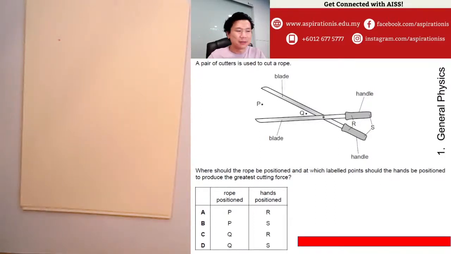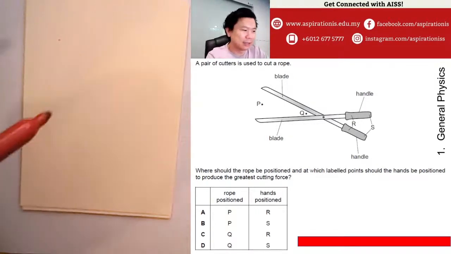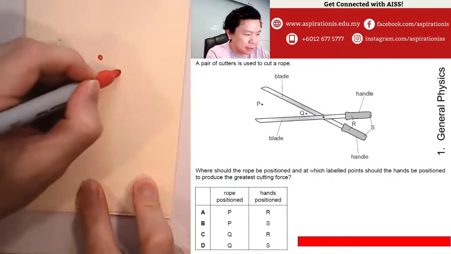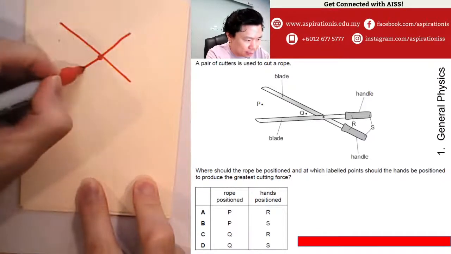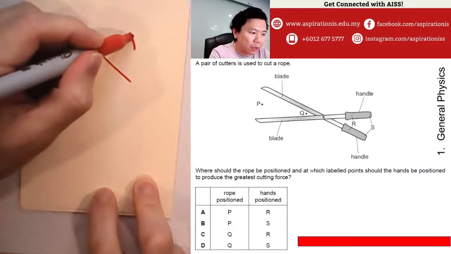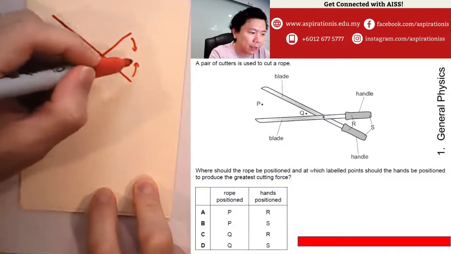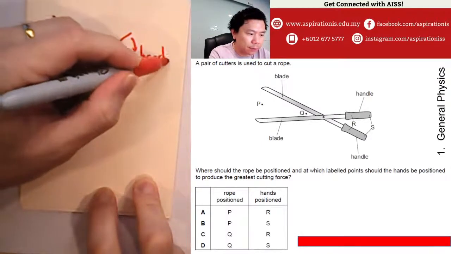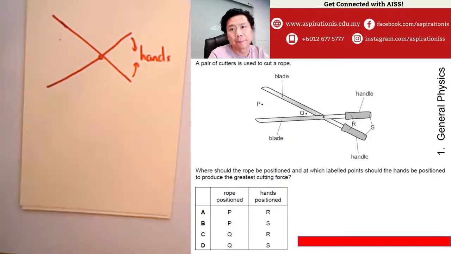Now, let me explain scientifically. Okay. This is the pivot, and you have your scissors. Here is where you apply your hands.